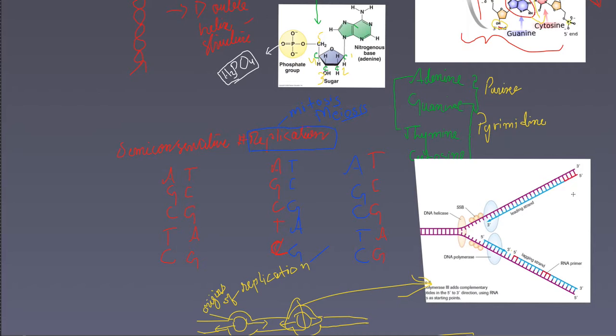It must have some starting point in order to start. And how does it do that? If you just leave a strand of DNA all alone, it won't be able to make a copy of itself, because it must have a starting point. And where does it get that starting point? It gets that starting point from a primer or from a primase, which gives a primer.